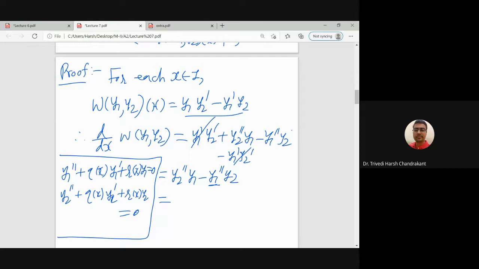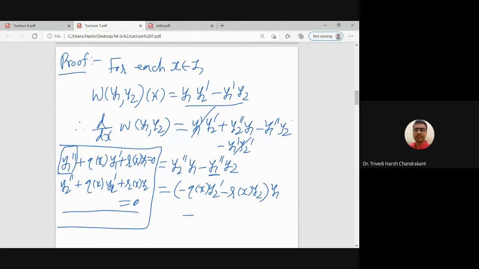These two facts we are using in the next step. We'll just substitute for y2 double dash, which is minus qx y2 dash minus rx y2, times y1, minus, substituting y1 double dash from the first equation, y2 times minus qx y1 dash minus rx y1.